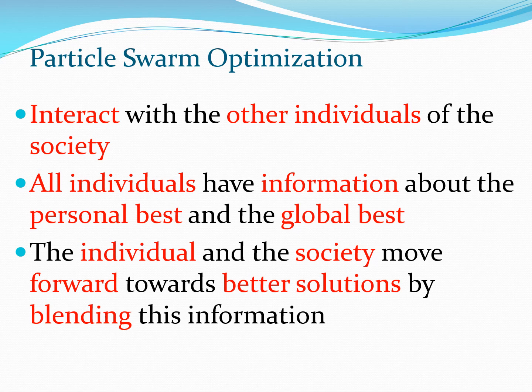So essentially what individuals do is that they use this knowledge of their personal best and the global best to make various decisions and to move forward in society and find better solutions. So essentially people are always blending this particular combination of personal best and global best.